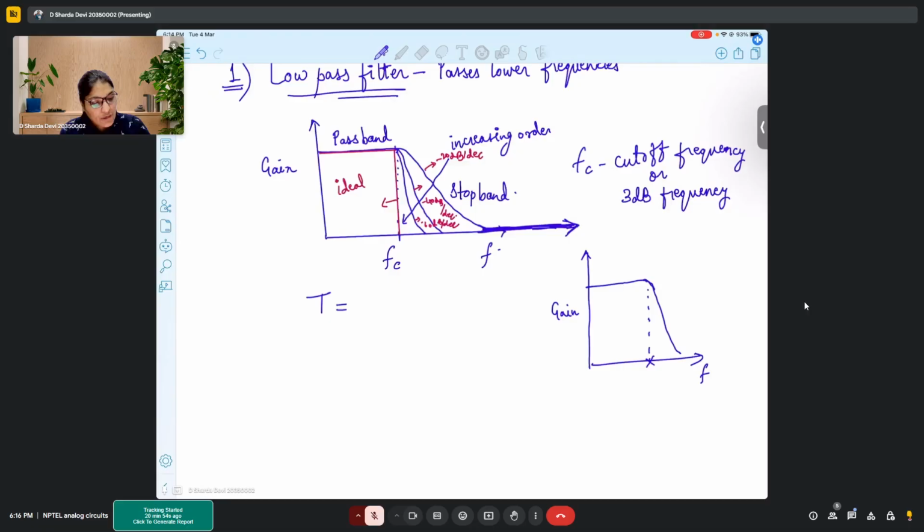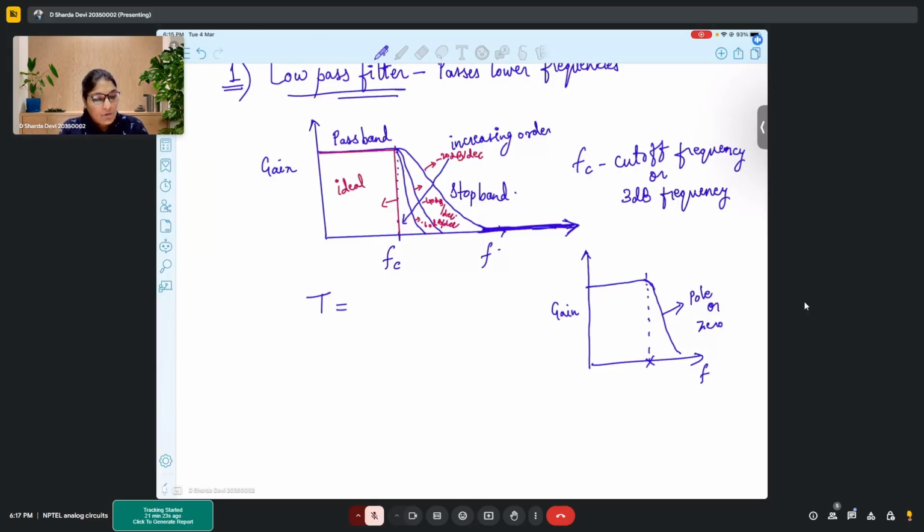So first of all, for obtaining this kind of behavior, what do I need? Do I need a pole or a zero? I had a constant gain. Now my slope comes down. So what do I need? Do I need a pole or a zero in this case? Anybody?